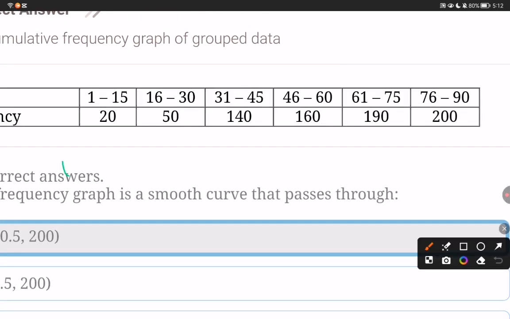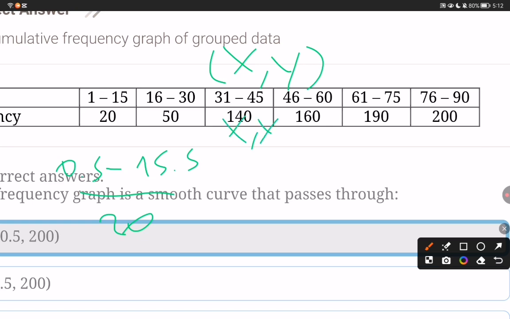So you know how you have 0.5 to 15.5, and then you have 20. Now, a question. You only have x and y, right? You don't have x and another x, and then they both belong to one y. It doesn't make sense. So how are you supposed to plot your points if you have two x's over here?